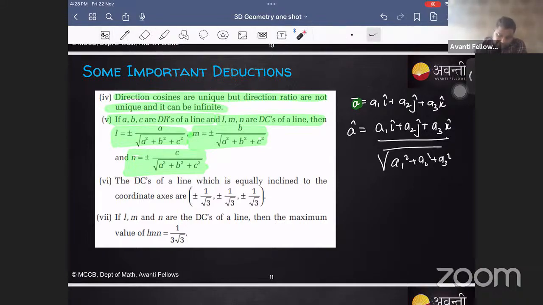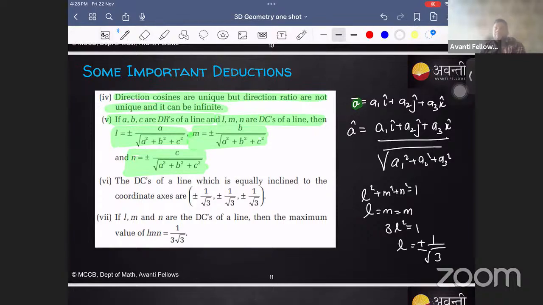Now, direction cosine of a line which is equally inclined to the coordinate axis. Equally inclined means alpha, beta, gamma are same. So if alpha, beta, gamma are same, cos alpha, cos beta, cos gamma are same. That means L, M and N are same. L is basically cos alpha. So L square plus M square plus N square is always 1, and L equals M equals N. So 3L square is 1, so L goes plus minus 1 by root 3.